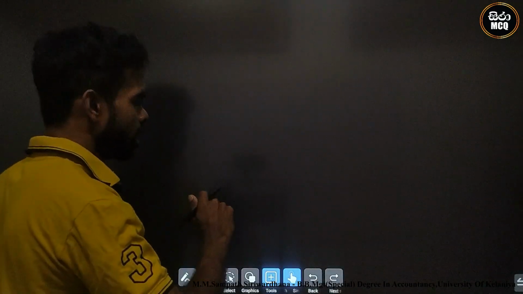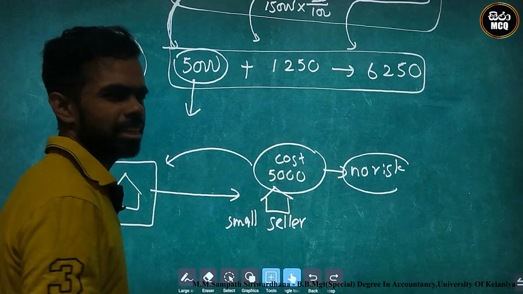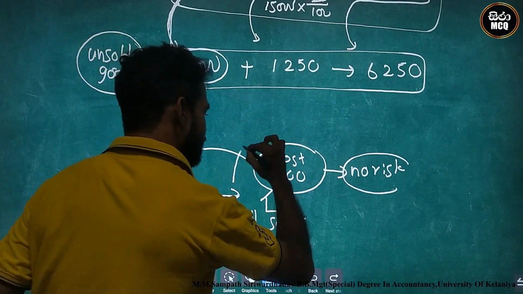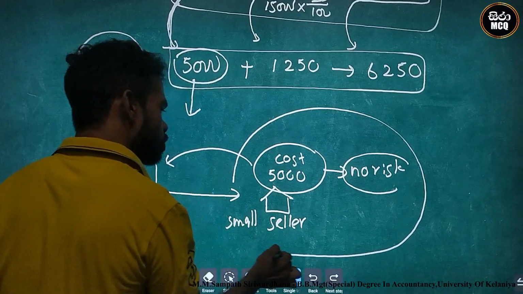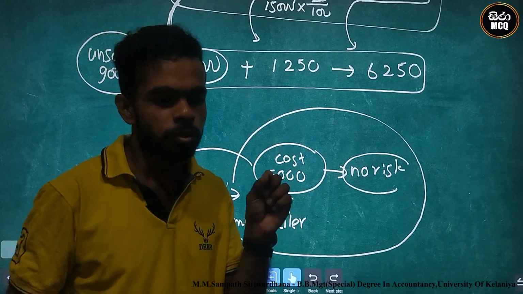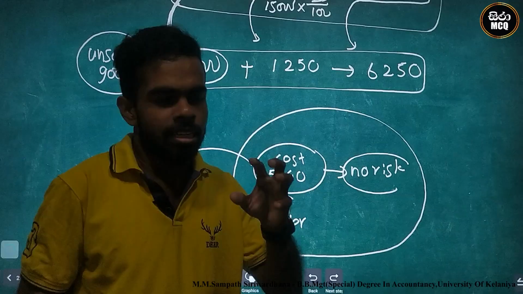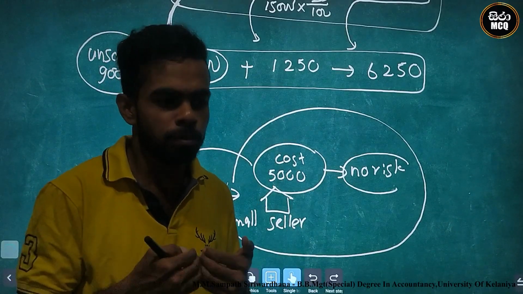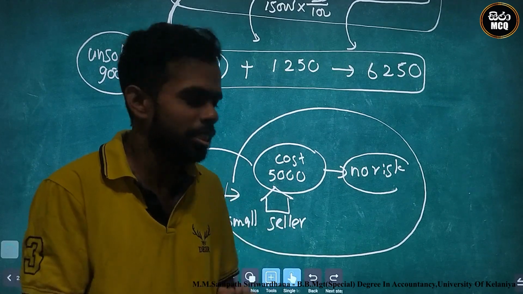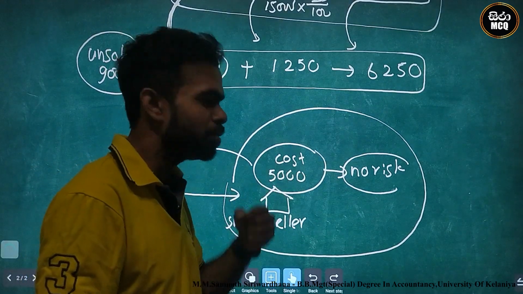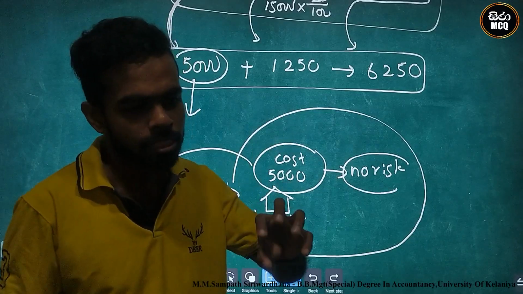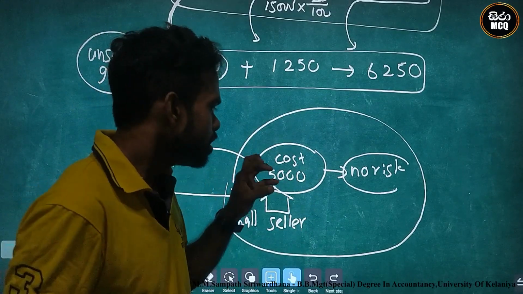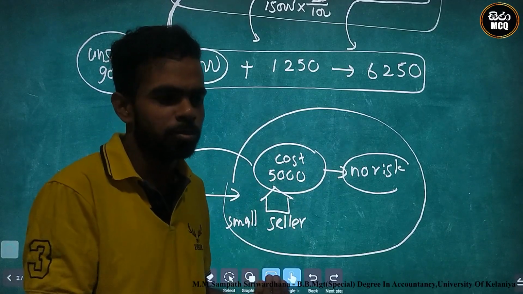These unsold goods are with the small seller. Therefore, we must identify another 5,000 cost of goods as closing stock. The physical closing stock is already accounted, and we must identify another closing stock.